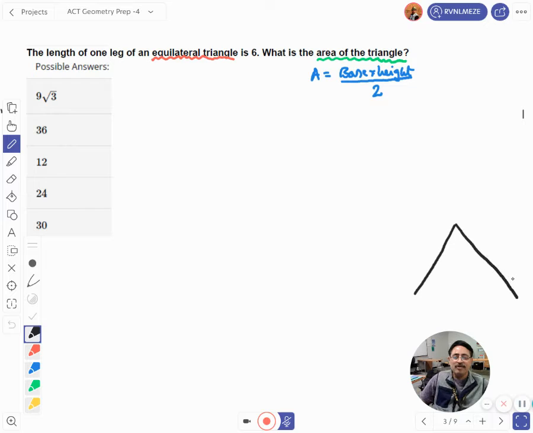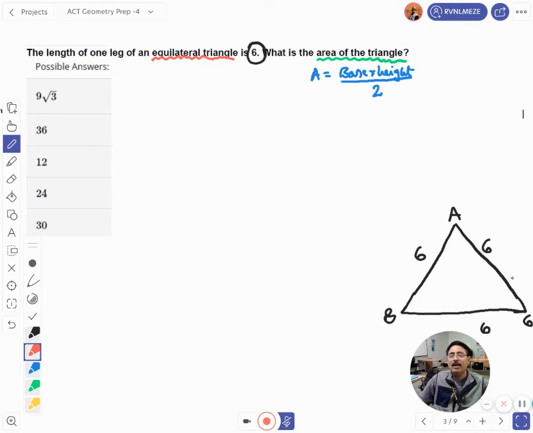So an equilateral triangle means a triangle in which all the three sides are equal. This is A, this is B, and this one is C. And each side is given as 6 units. Therefore, this is 6, and this one is also 6.